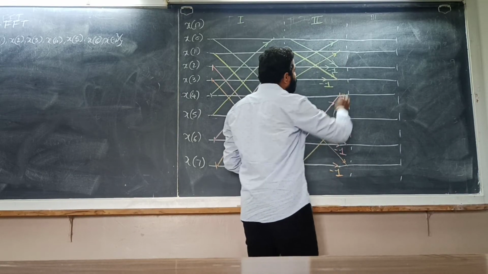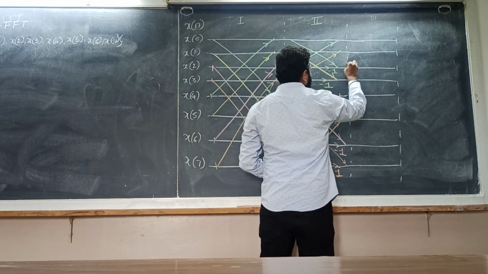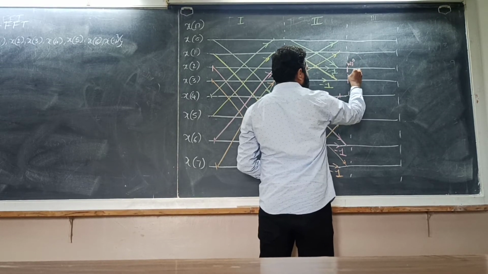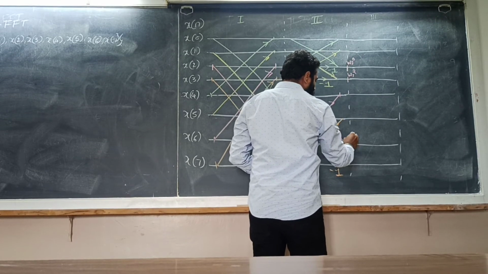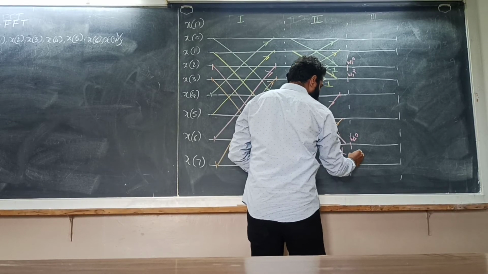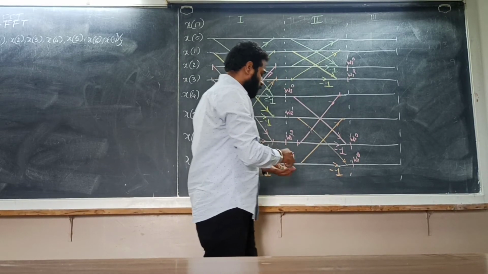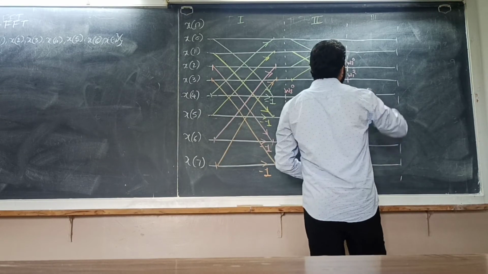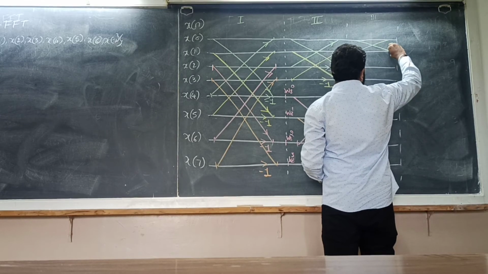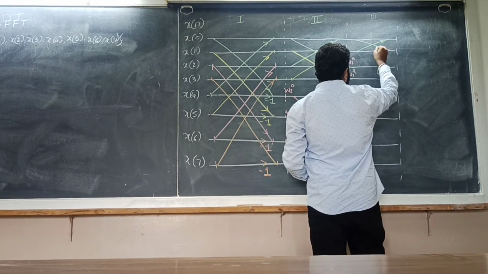Now we multiply: third value W8 raised to 0, fourth W8 raised to 2, and the last two values 0, 2. Then we'll start taking second value to the first value to the second value by negating second.